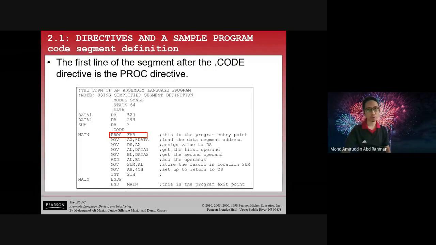Once we have the data segment, then we have the code segment. The first line is the directive. Starting from here, it is the instruction.